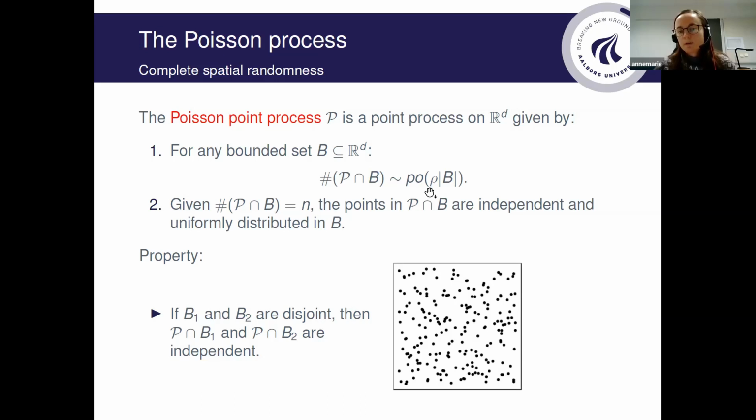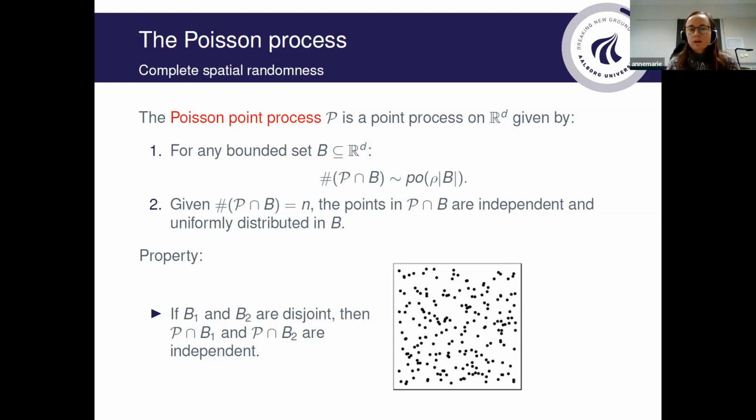And the parameter of that distribution is the intensity times the volume of the set B. So this ensures that you get the correct expected number of points. And once you know how many points there should be inside B, so if that's n, then these n points are just independent of each other.